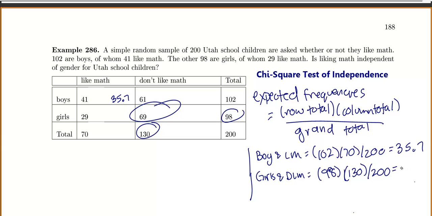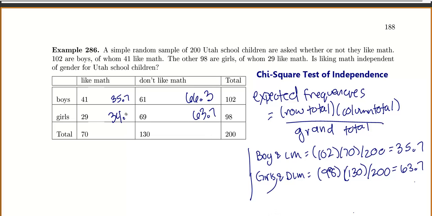So this gives me 63.7. And I can tell you I already figured out the other two. There's 66.3 and 34.3.